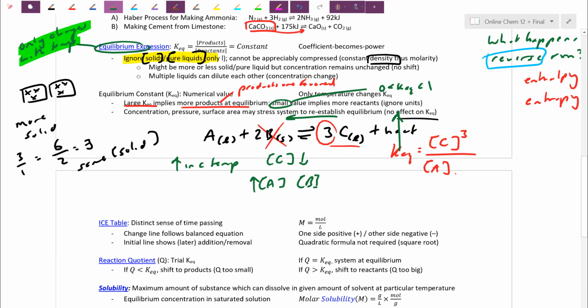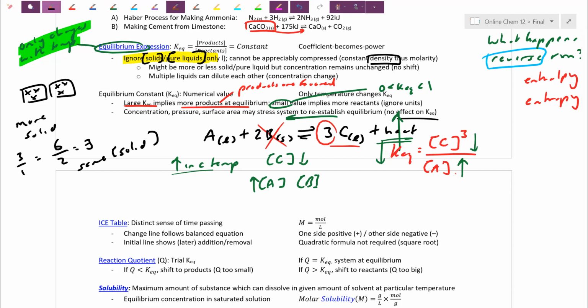Well, what would happen if my KEQ is going to lose products and increase reactants? This fraction is going to get tinier. My KEQ is actually going to decrease. So for an exothermic reaction, you don't need to memorize it, but the hotter it is, the KEQ is going to get smaller and smaller, the more reactants are favored.